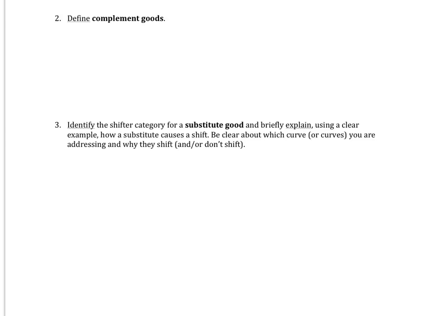And remember one of those two key phrases in explaining a shift. Okay, so let's move on to the next page.